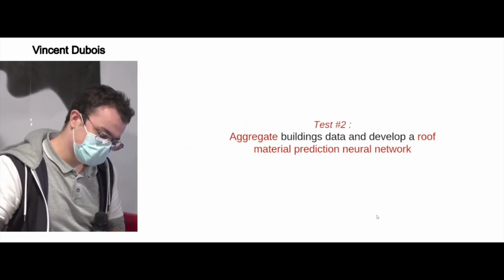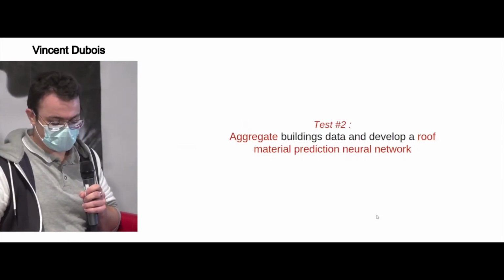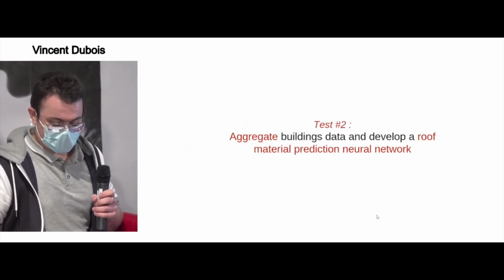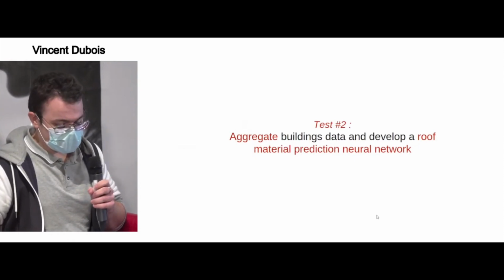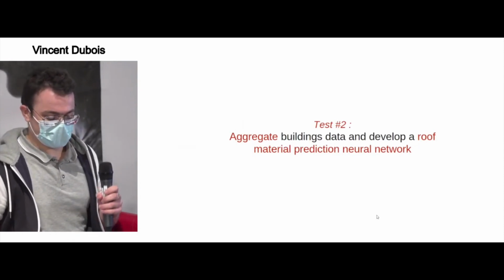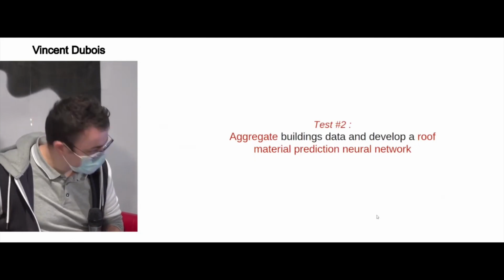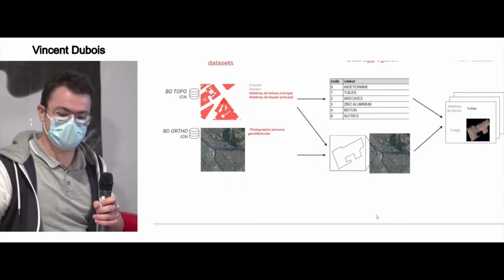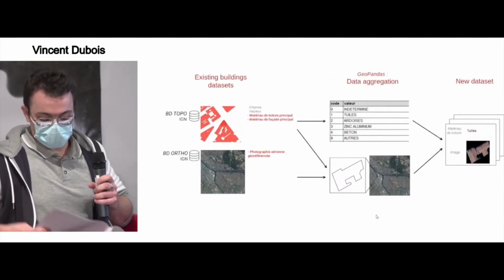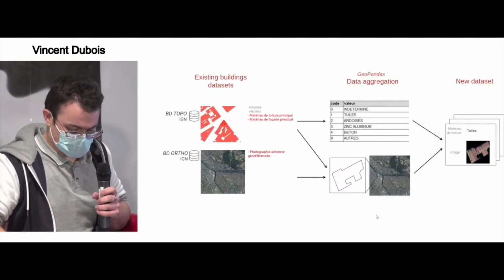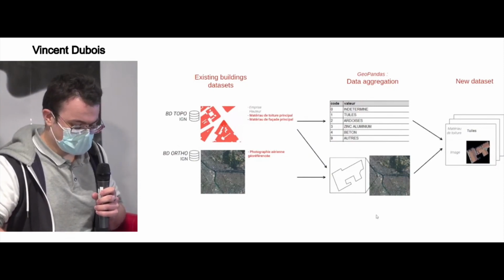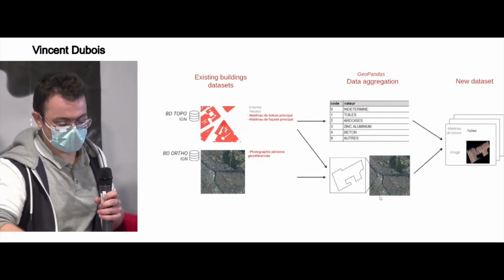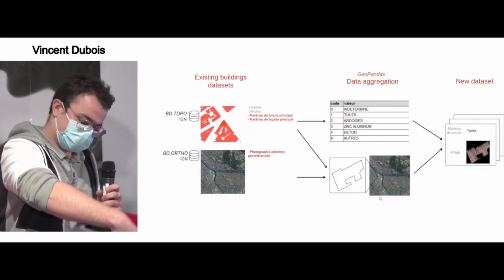So the second test was dedicated to building a simple neural network, like in the example, predicting the roof material from aerial pictures. But since open data comes from different organisms or institutions, it means that they are in two different data sets that are not labeled the same.